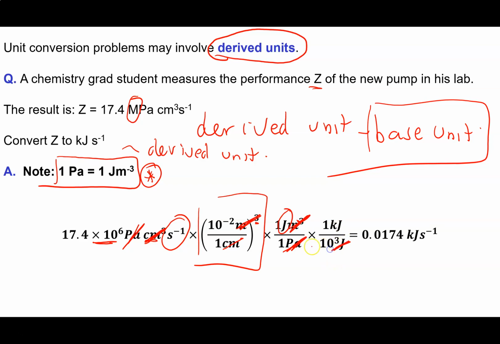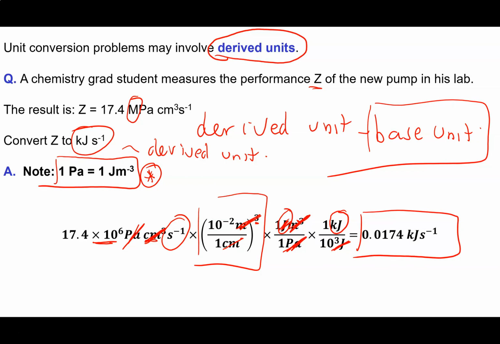And that's going to get rid of my joules. The only things that I've got left now are kilojoules per second, which is exactly what I was asked to do. And so once I've got all of that figured out, I put it into my calculator and I get my final answer.